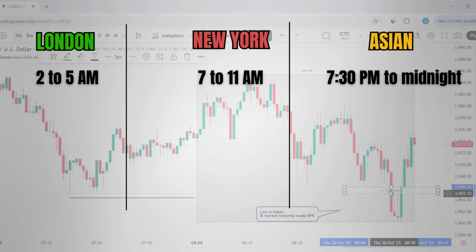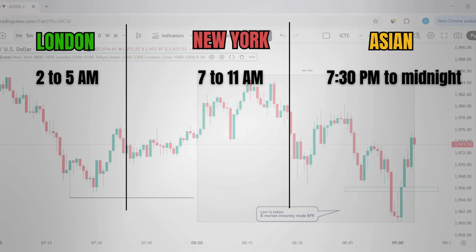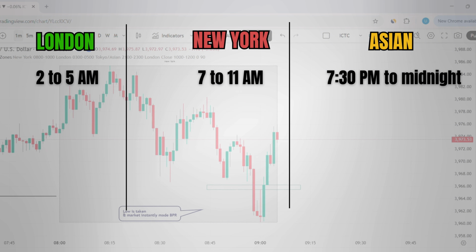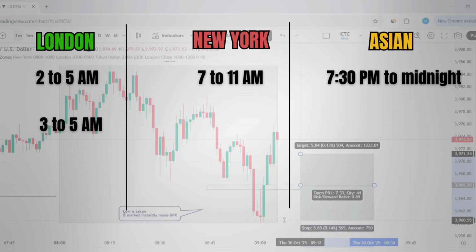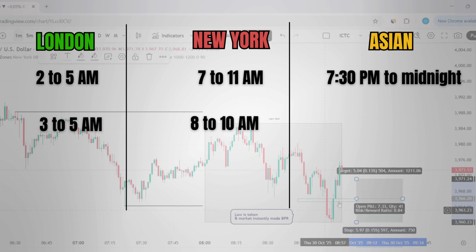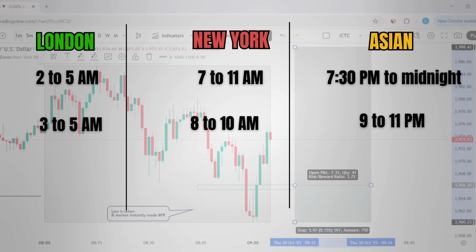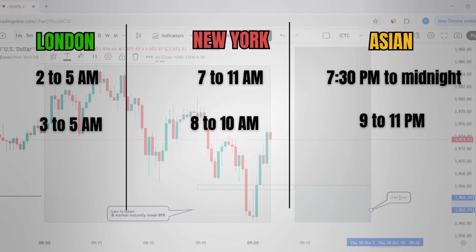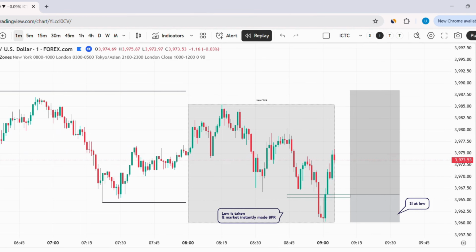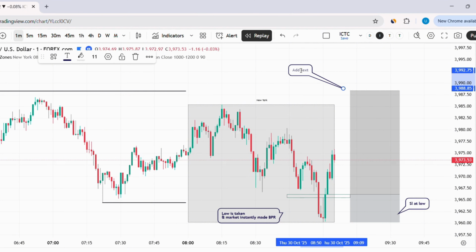This time, we're optimizing those sessions to match the moments when gold really makes its big moves. London, 3 to 5 a.m., New York, 8 to 10 a.m., Asian, 9 to 11 p.m., all in New York time. By concentrating only on these windows, you're trading during the most liquid and active periods. This keeps you laser-focused, reduces the noise, and makes every setup count.